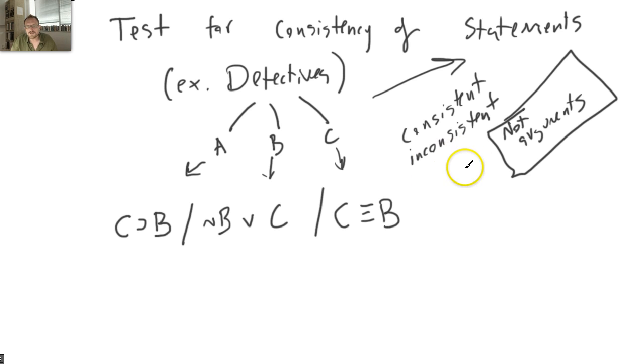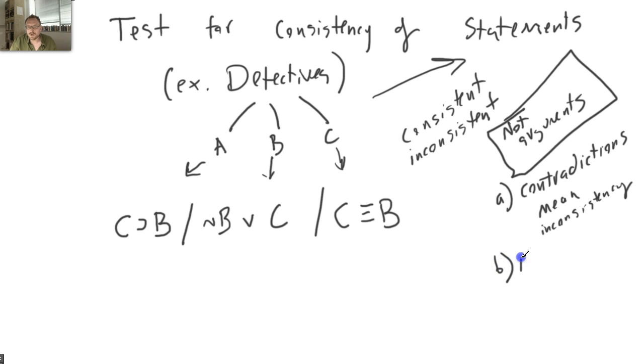And we can use the truth table method in the same way. Contradiction means inconsistency, and if there is no contradiction discovered, it means the statements are consistent. So let's test for them now.